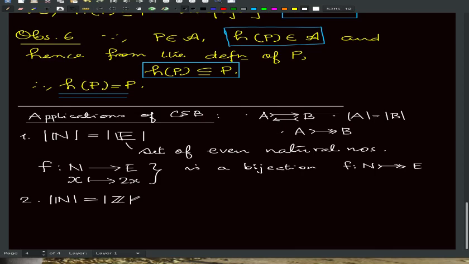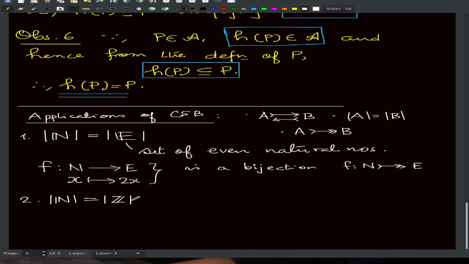I think there is a bijection because we'll look at the set of integers and rearrange it, say, for example, 0, plus 1, minus 1, plus 2, minus 2. Can we do that? Yes, but you'll have to give me the function. Obviously, you can do that: 0, plus minus 1, plus minus 2 and so on. You have to give me the function.